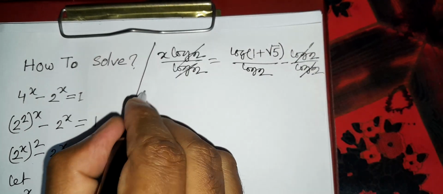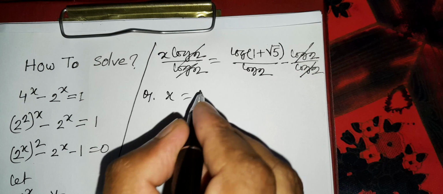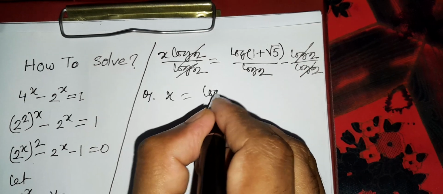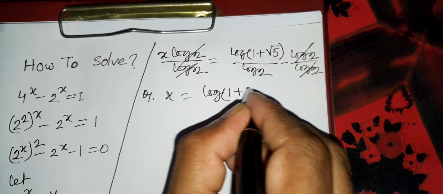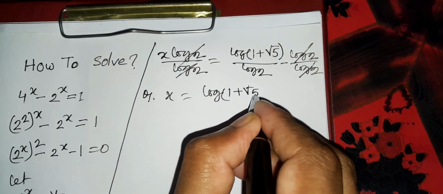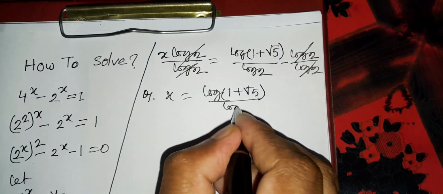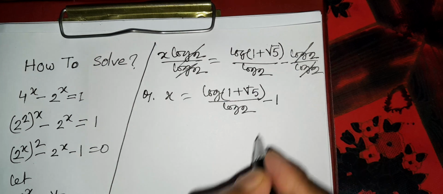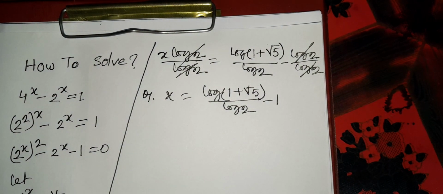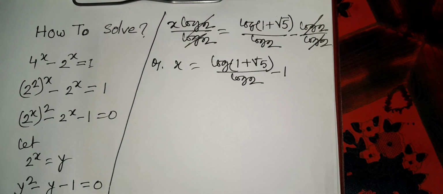Cancel, so x equal to log (1 plus root 5) by log 2 minus 1.